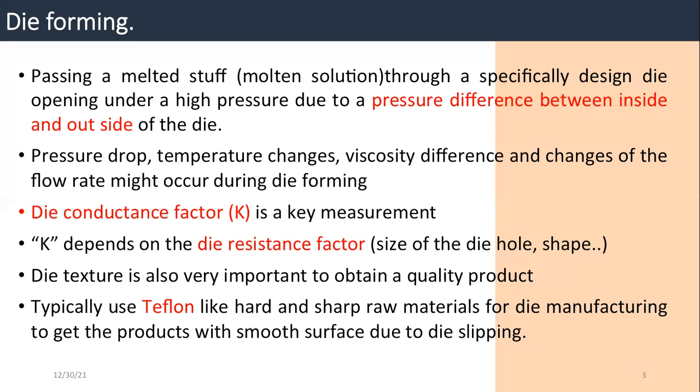We are going to move the molten solution through the die, so the food items directly interact with the surface. Therefore, it is very important to use food grade and hard materials because the temperature is very high and the pressure is very high. It is very important to use materials with high resistance, and a smooth surface is also very important.